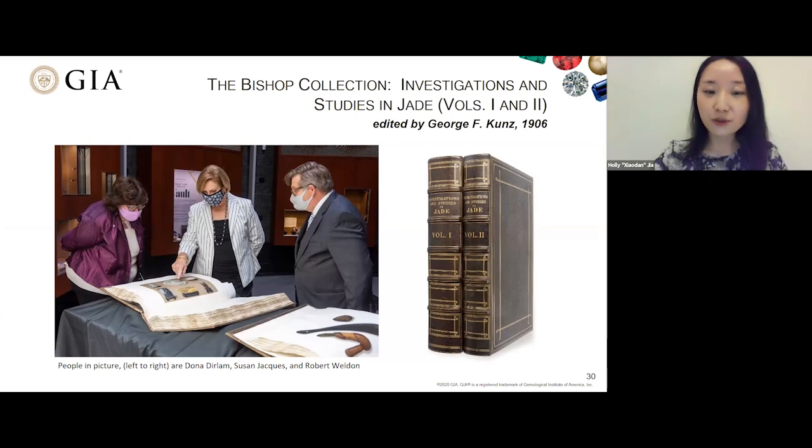This work documents Heber Reginald Bishop's massive private collection of jade and includes research articles on every aspect of jade written by 28 specialists.